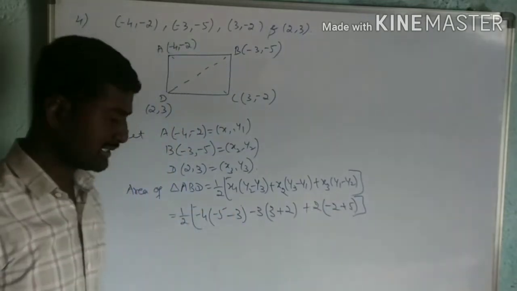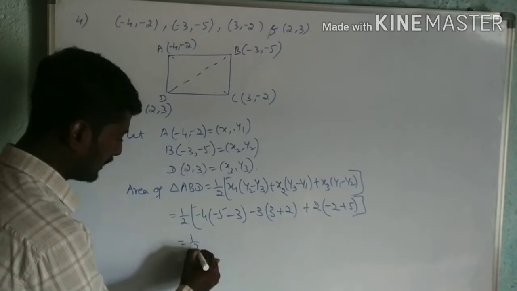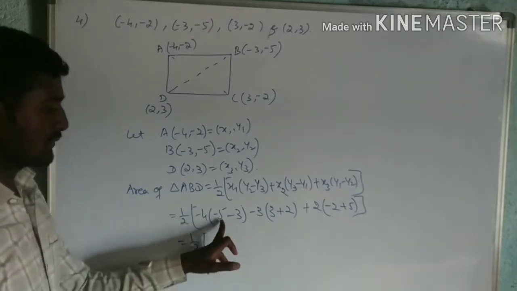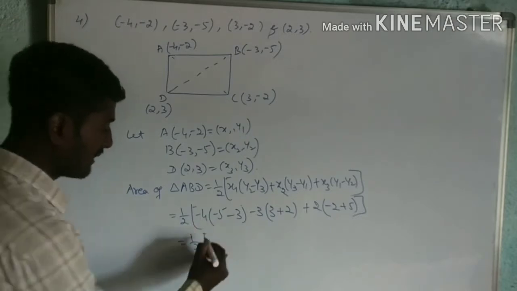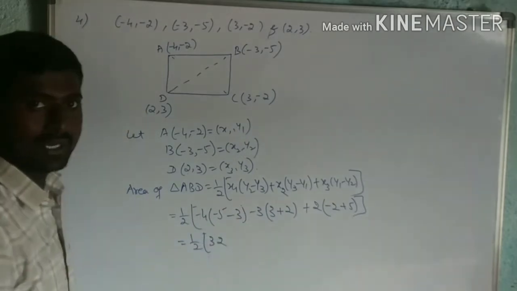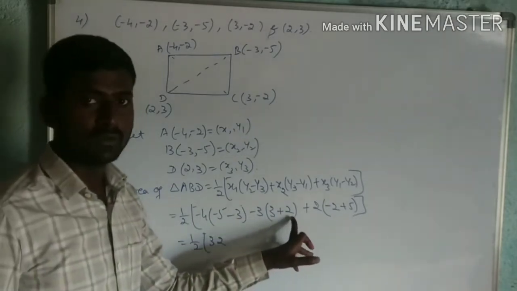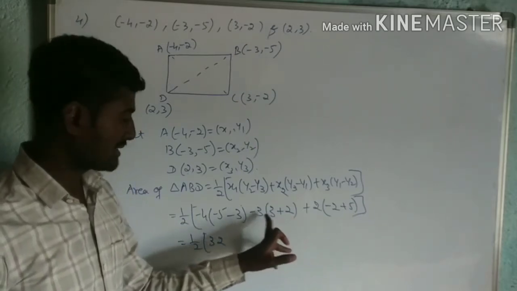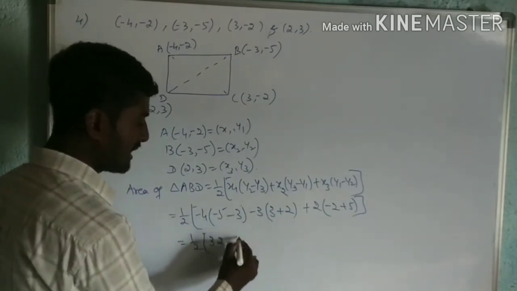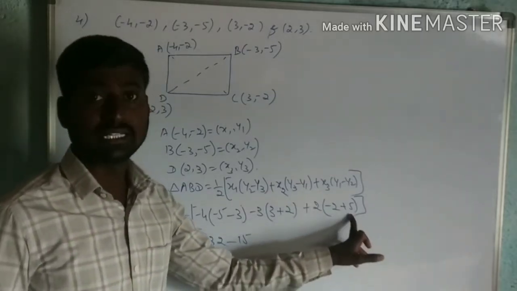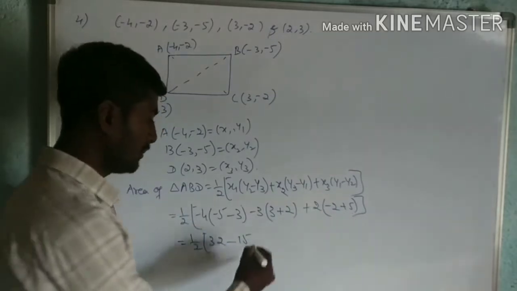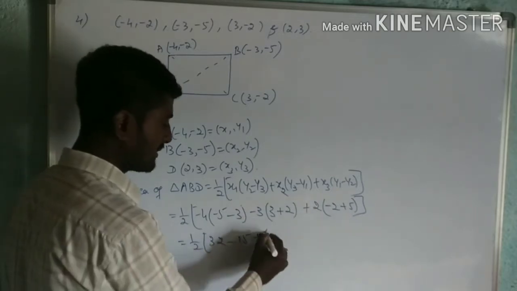Okay, now this is equal to 1 by 2 into minus 4 into minus 5 minus 3 minus 8, minus into minus plus, 8 4s are 32. Am I right? 3 plus 2 is 5, plus 5 is plus, into minus, minus 5 3s are 15. Now minus 2 plus 5, that is plus 3. So plus into plus plus, 3 2s are 6.